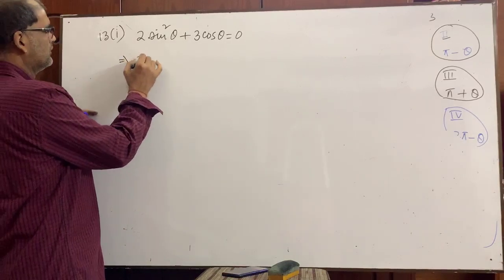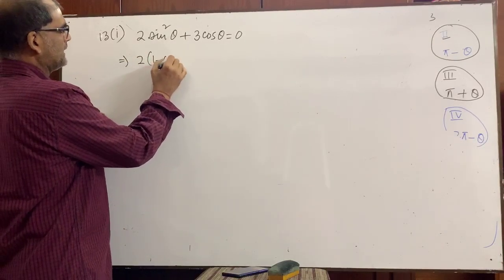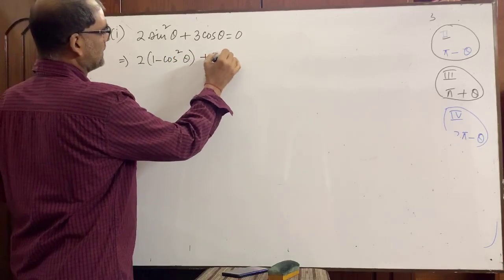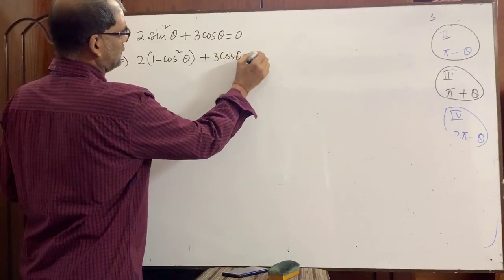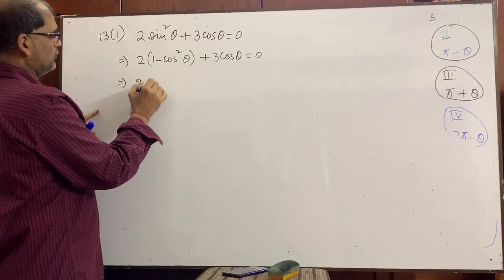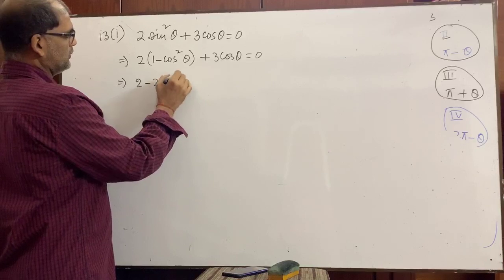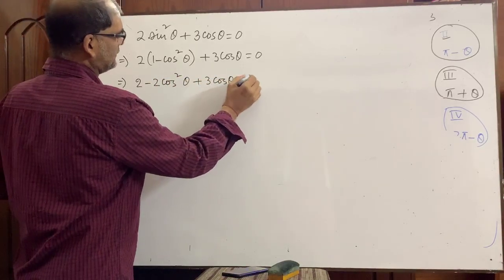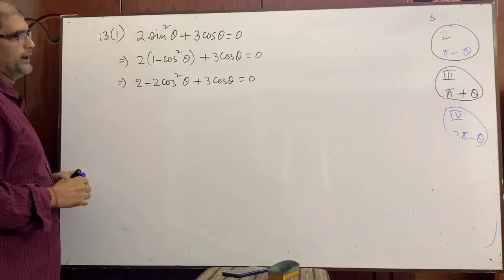Can you? 2 times 1 minus cos square theta plus 3 cos theta, right? Equals to 0. That means 2 minus 2 cos square theta plus 3 cos theta is equal to 0. Okay?